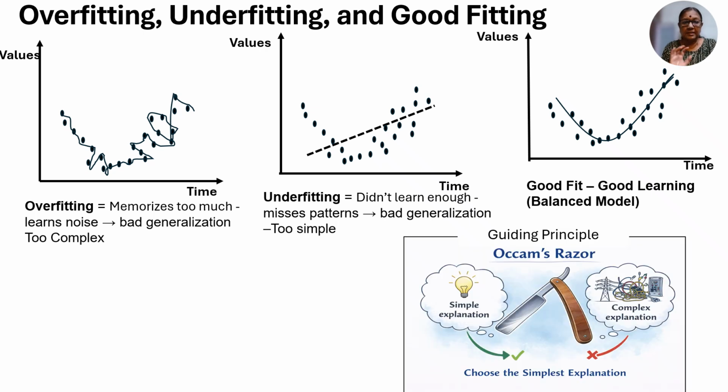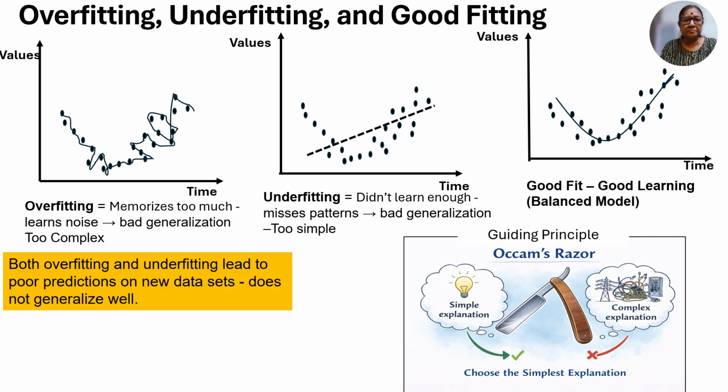Now, there is a guiding principle in machine learning called Occam's razor. That means if you have a choice between a simple model and a complex model, you choose the simplest model that approximately fits the data.